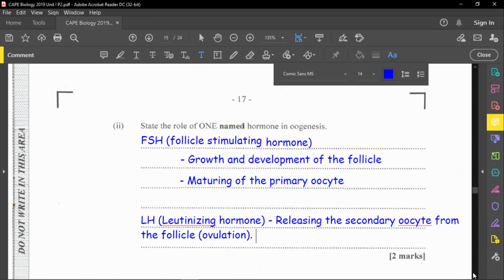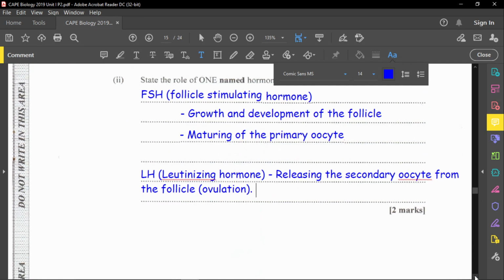That's very important for the LH. Now, what I want to point out is that FSH and LH are produced by the pituitary gland. These hormones produced by the pituitary gland have their effects in the ovary.